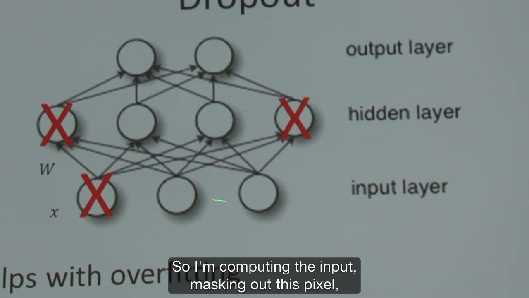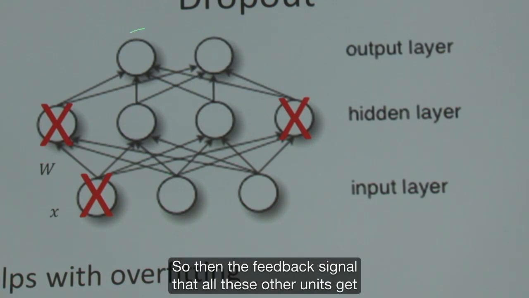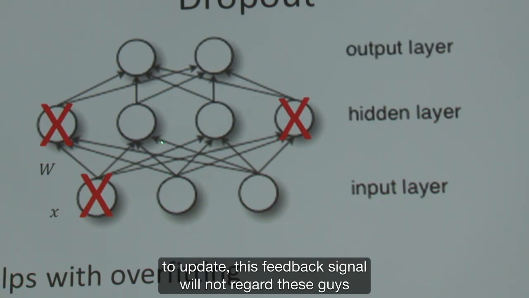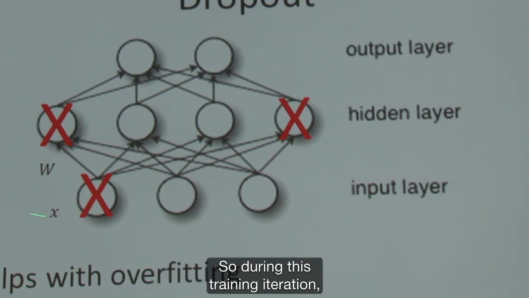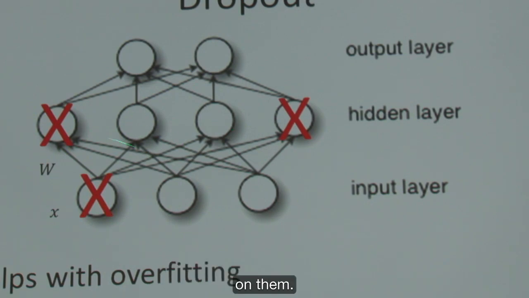So I'm computing the input, masking out this pixel, go up and say face yes or no. Then the feedback signal that all these other units get to update will not regard these guys because they were masked out. So during this training iteration, I'm only training the ones here that don't have crosses on them.